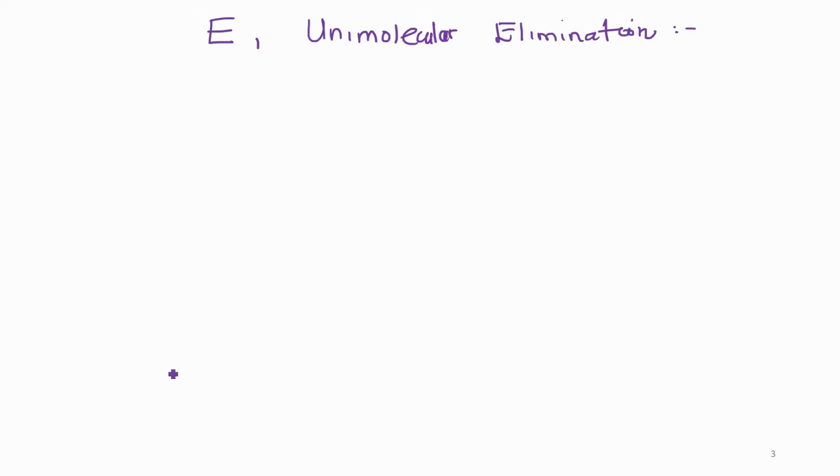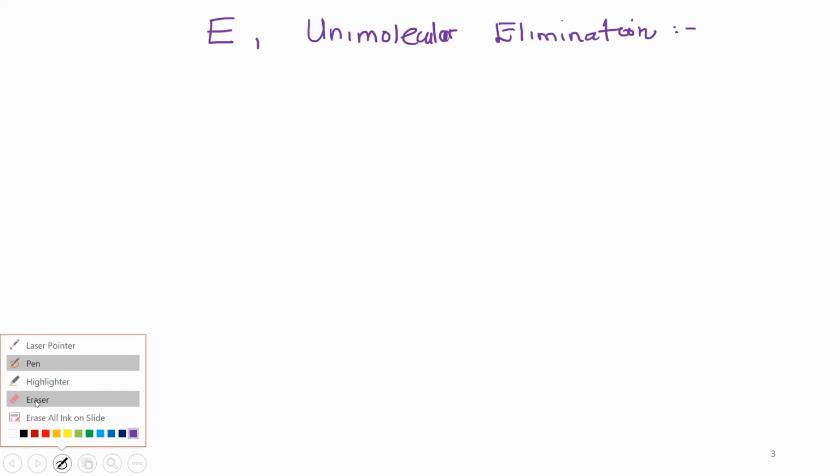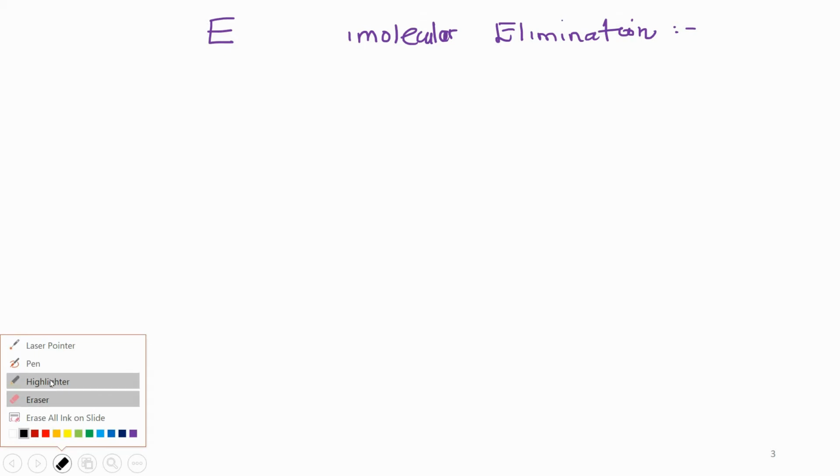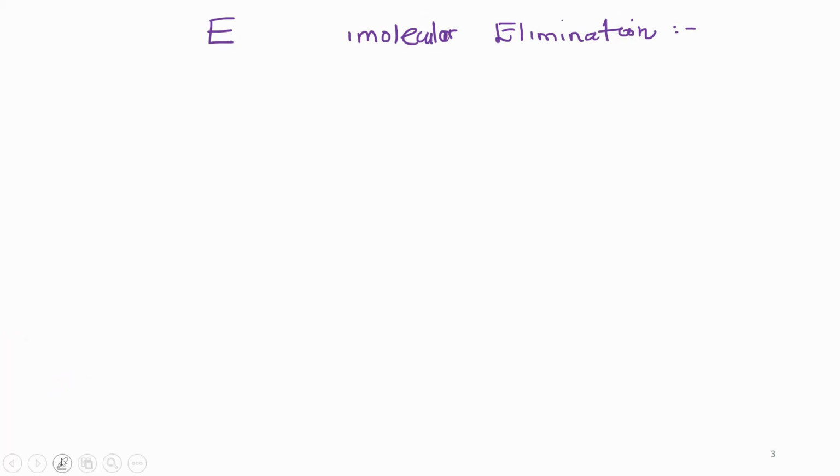Oh, I thought I said I wanted to do E2. Why am I talking about E1? Let me say bimolecular. Please modify. We need to discuss E2 first, because E2 will give us the basis on how double bonds are formed. So let's say E2, bimolecular elimination. Let's give an example of this.